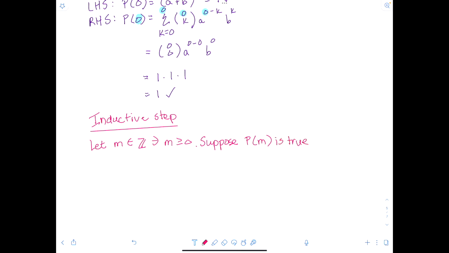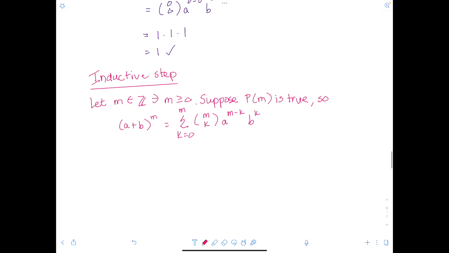And so what does that mean? That would mean that a plus b raised to the m would be the summation as k goes from 0 to m of a to the m minus k times b to the k. Cool so far? Just put in m instead of n.